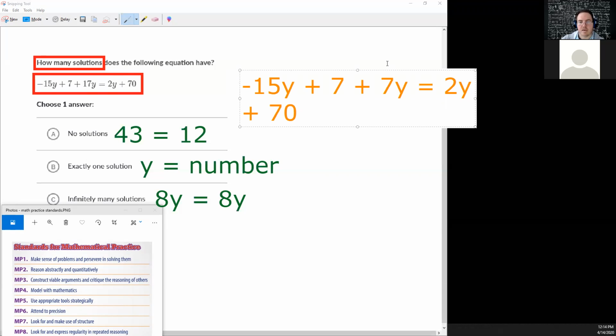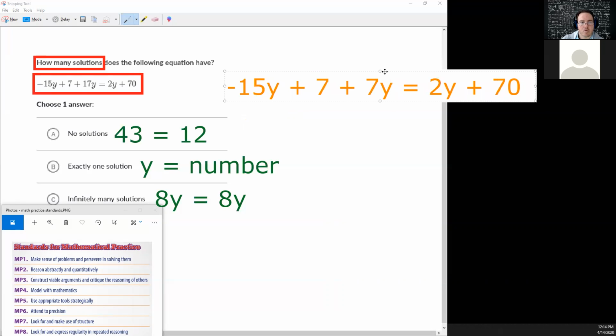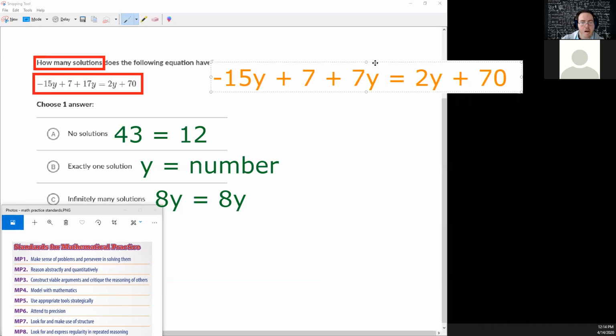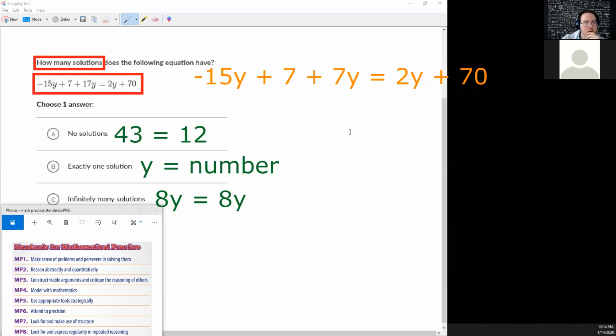See if I missed anything in that. I don't think I missed anything.